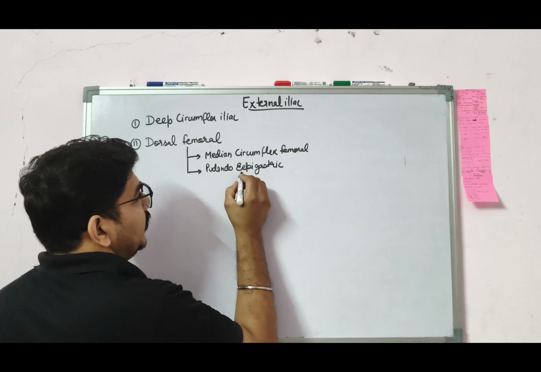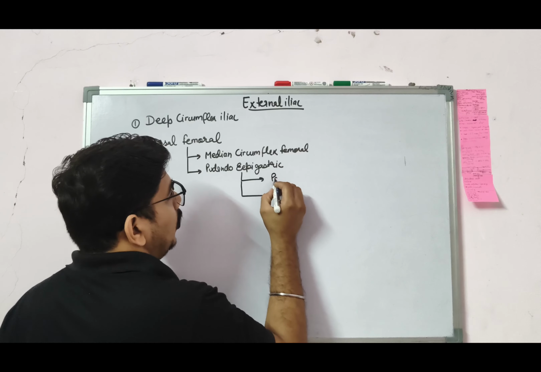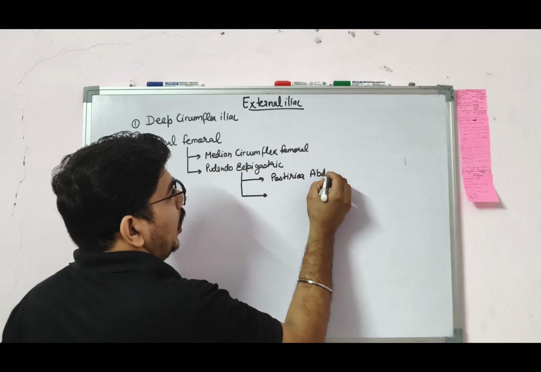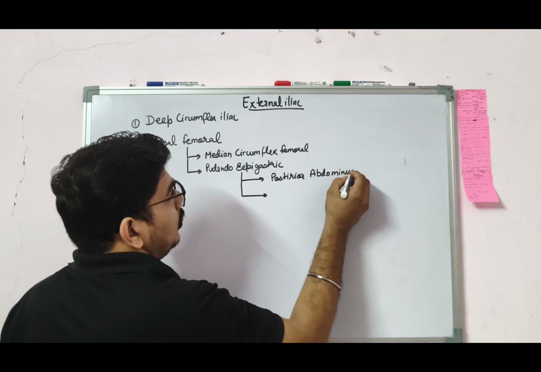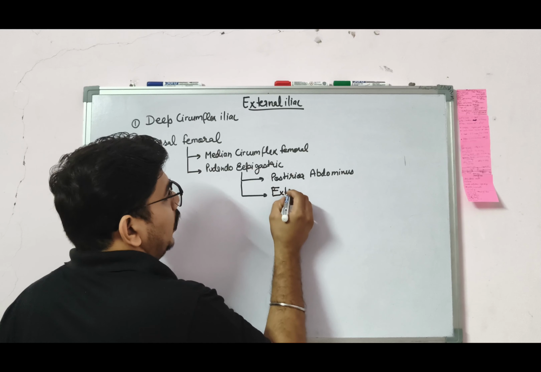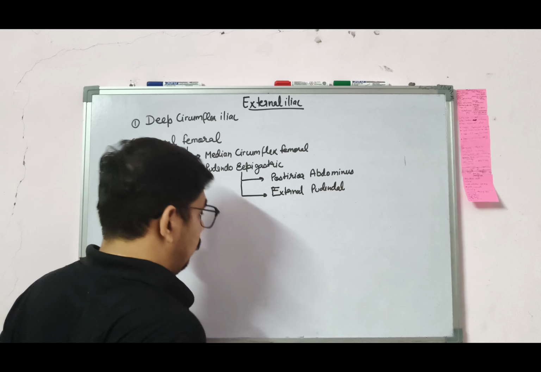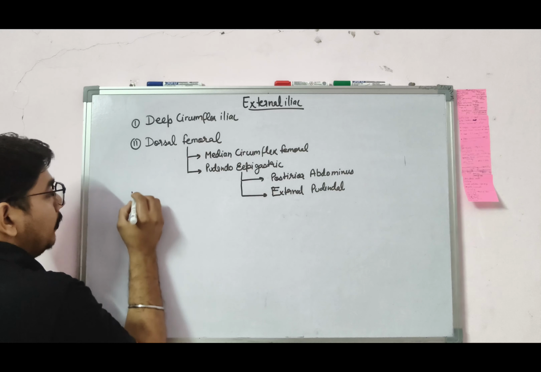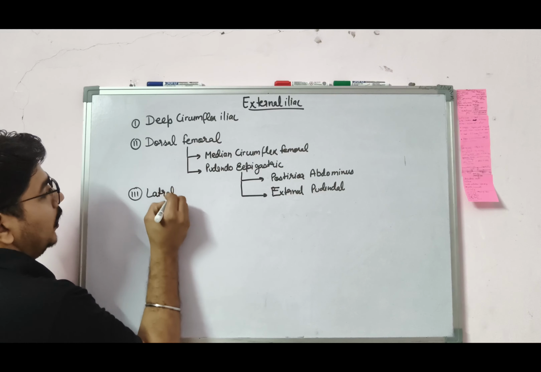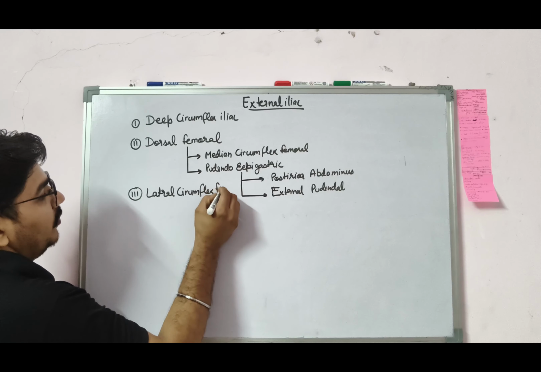Now the pudendo-epigastric divides into two parts, or gives two branches: first, posterior abdominis, and the external pudendal. The third branch is lateral circumflex femoral.